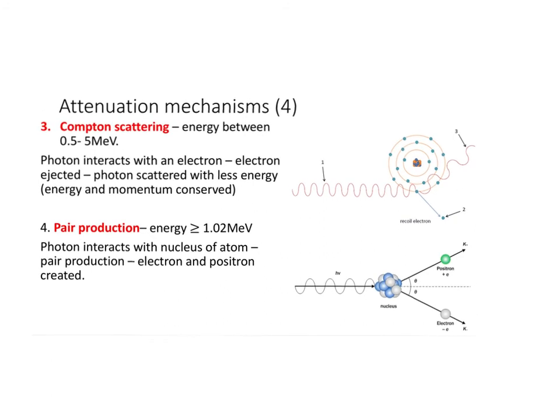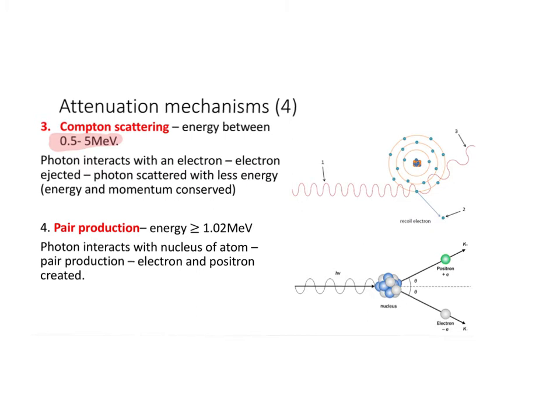So we have the third one. The third attenuation mechanism is Compton scattering. The photons will have an energy between 0.5 to 5 mega electron volts. In this case, the photon will interact with an electron.